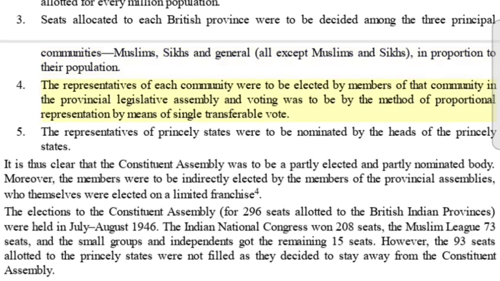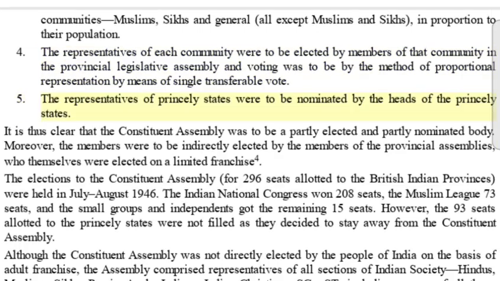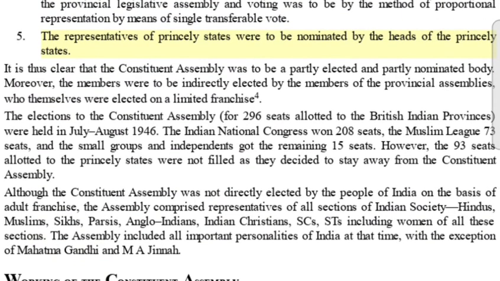The representatives of each community were to be elected by members of that community in the Provincial Legislative Assembly, and voting was to be by the method of proportional representation by means of a single transferable vote. 4. The representatives of princely states were to be nominated by the heads of the princely states.